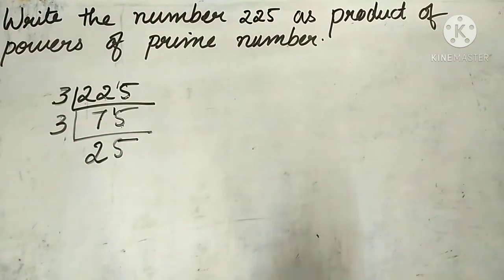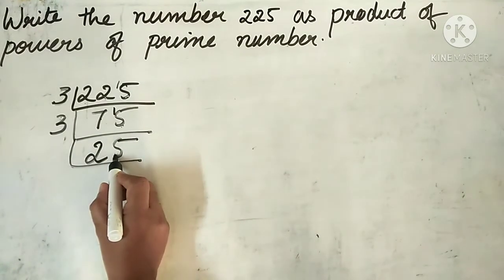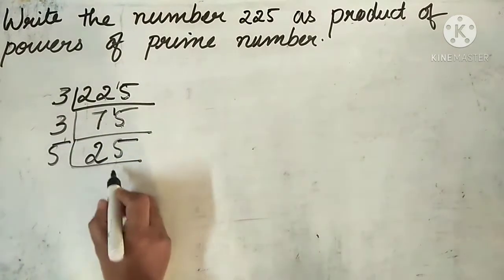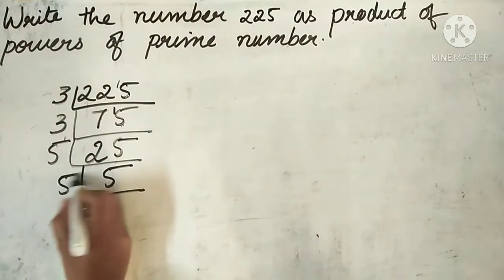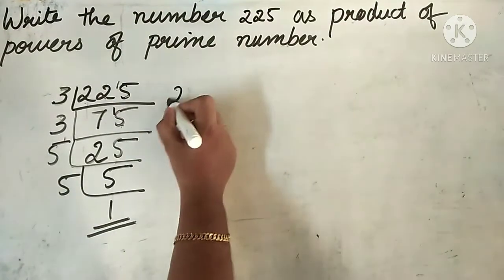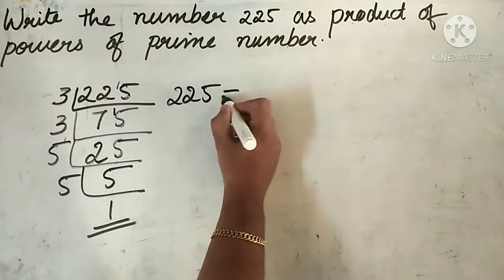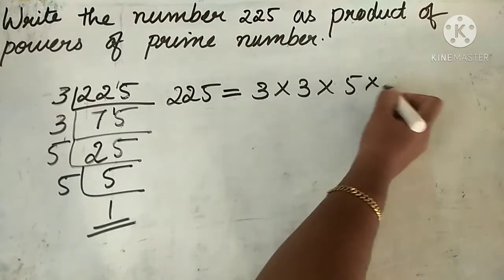Next prime number is 5. Is it possible to divide 25 by 5? Yes. In 5's table, 25 will go 5 times. Again, in 5's table, 5 will go 1 time. So 225 we can write as 3 into 3 into 5 into 5.